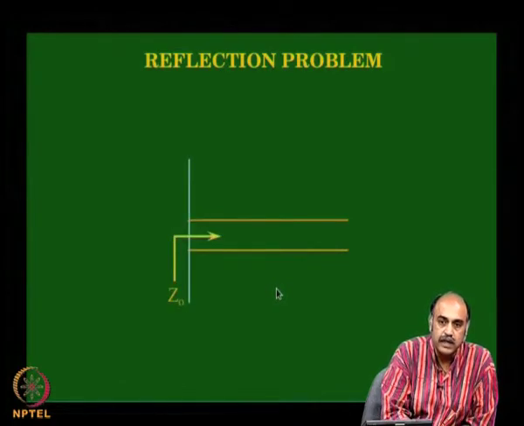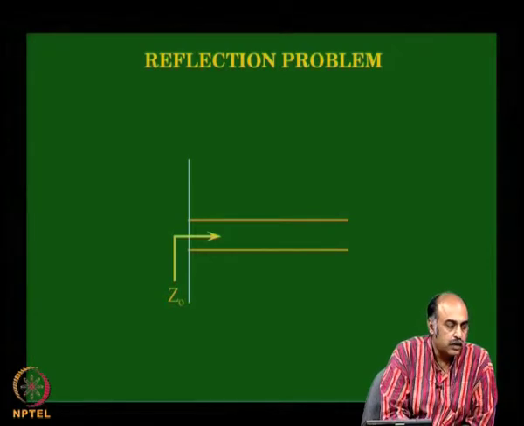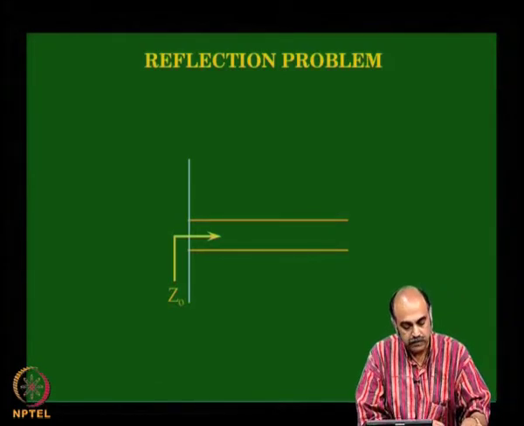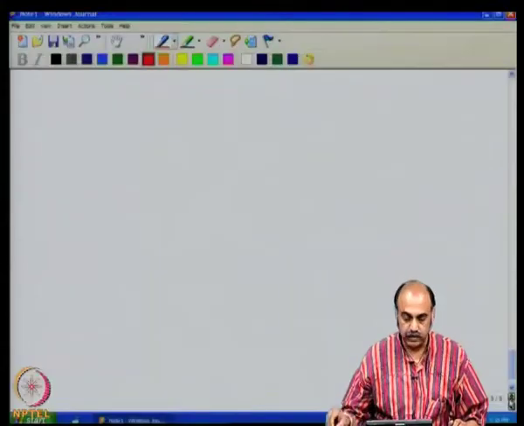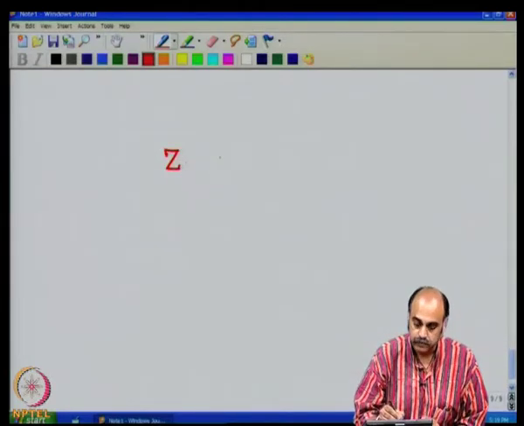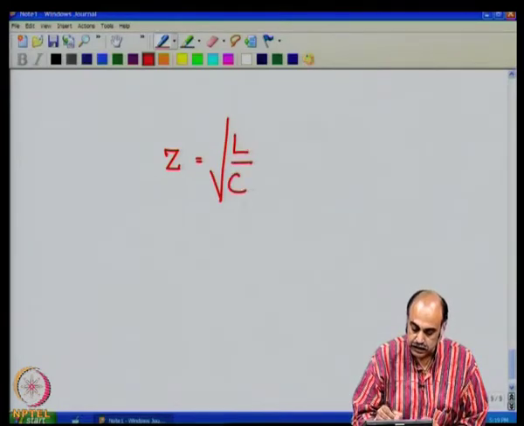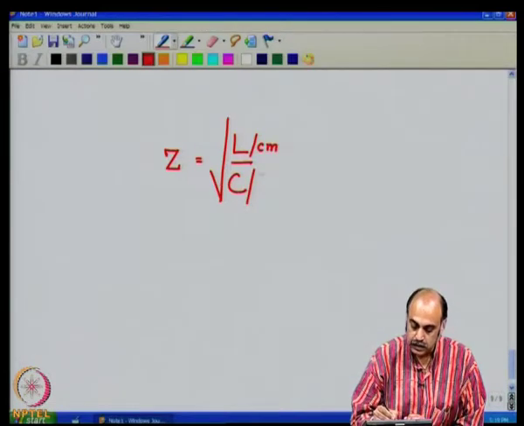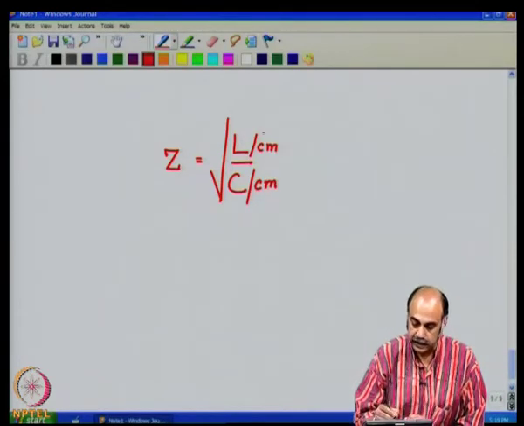Let us say that the wave impedance is related to the square root of L by C. So, when I say wave impedance, just a moment of diversion here, Z, the impedance, is given as the square root of L by C, where L is the inductance per unit length and C the picofarads per unit length.